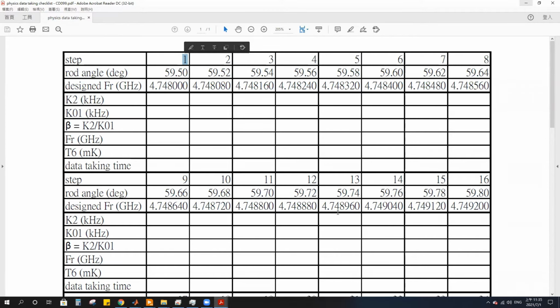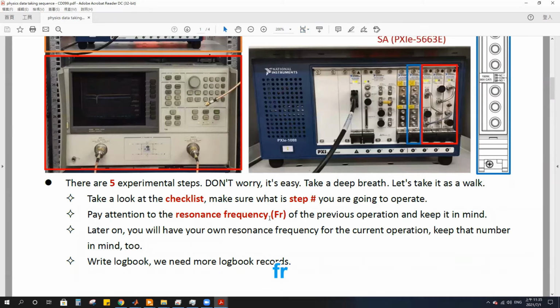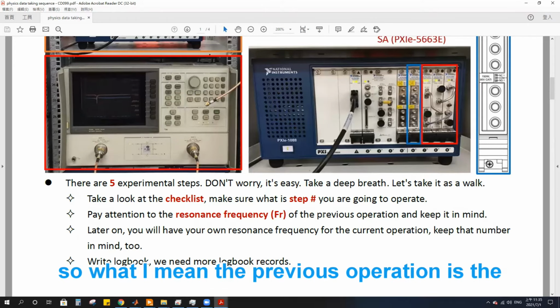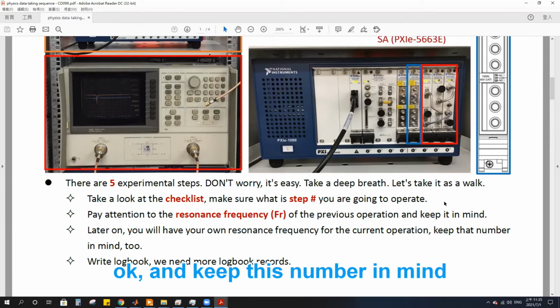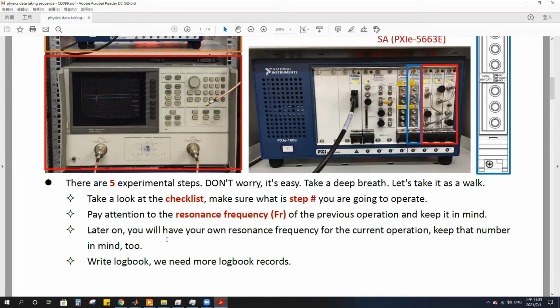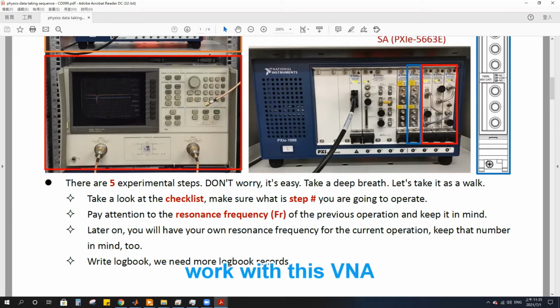Okay, then pay attention to the resonant frequency FR of the previous operation. What I mean by previous operation is the previous step that your previous shift takers were running. Keep these numbers in mind. And later on, you will get your own resonant frequency with this VNA.